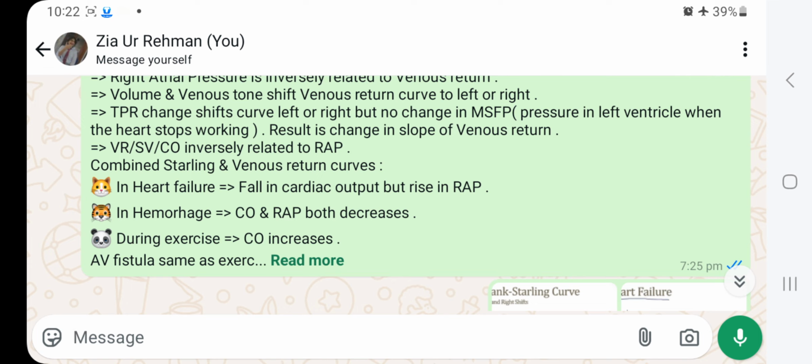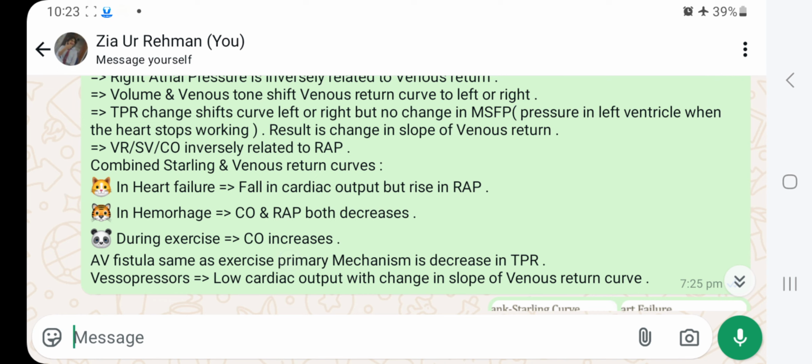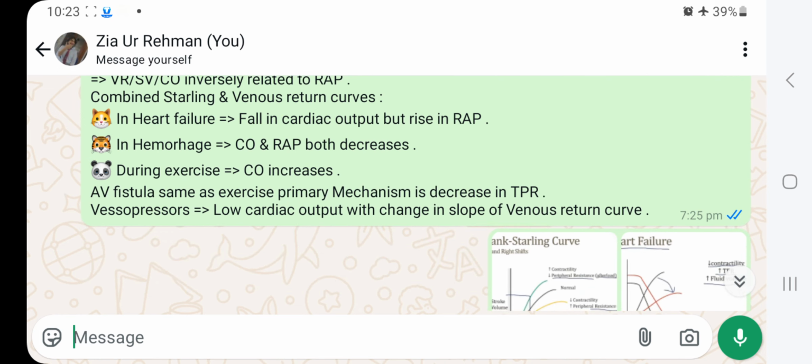In hemorrhage, cardiac output and right atrial pressure both decrease. During exercise, cardiac output increases. AV fistula, same as exercise. Primary mechanism is decrease in TPR. Vasopressors: low cardiac output with change in slope of venous return curve.